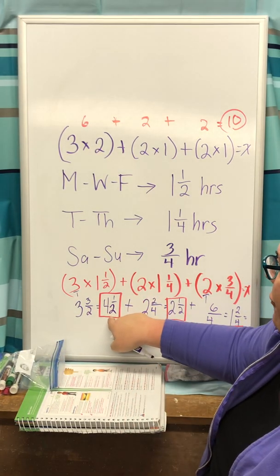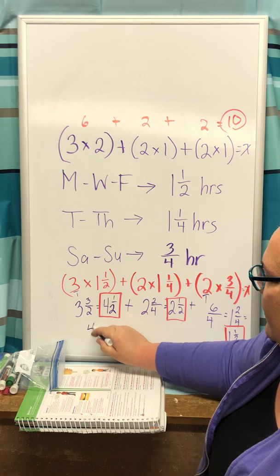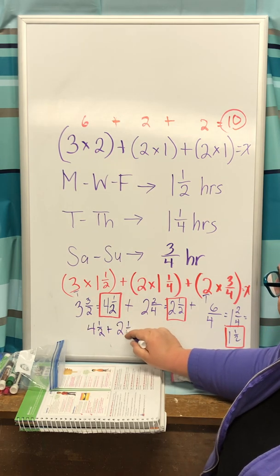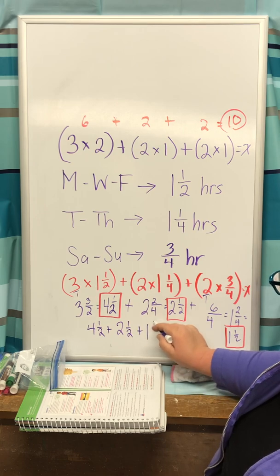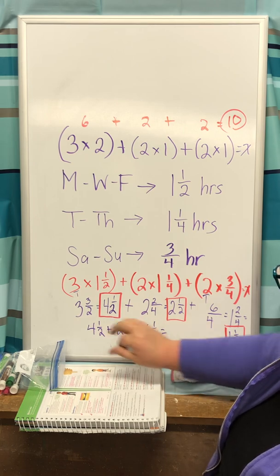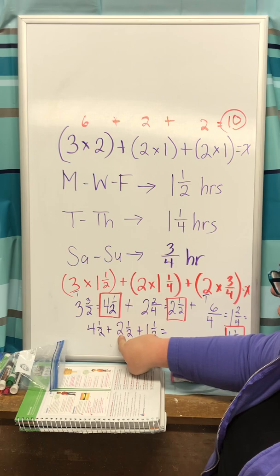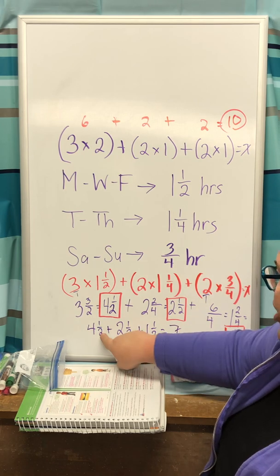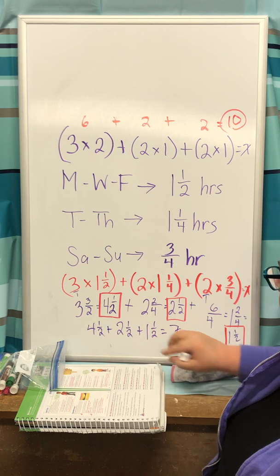So 4.5 plus 2.5 plus 1.5. I have 4 plus 2, 6, 7. And then my fractions, a half and a half as a whole, and a half.